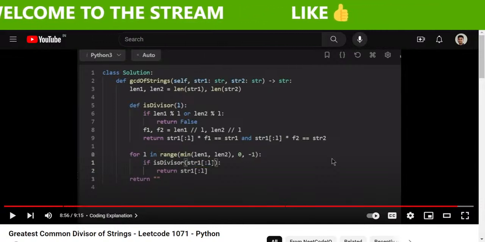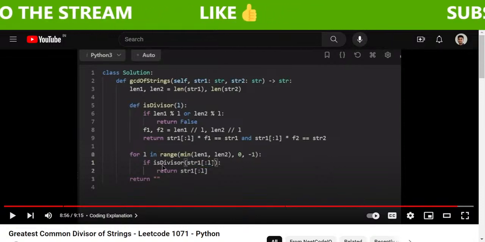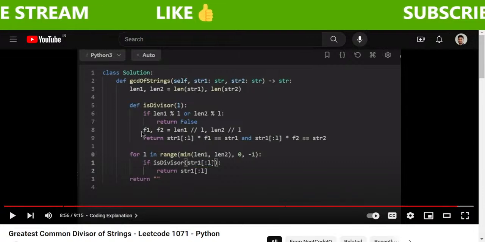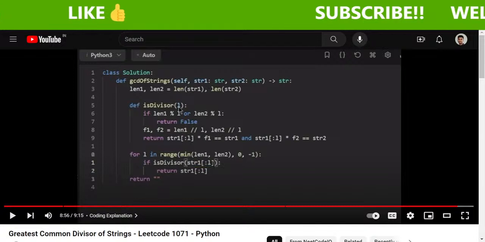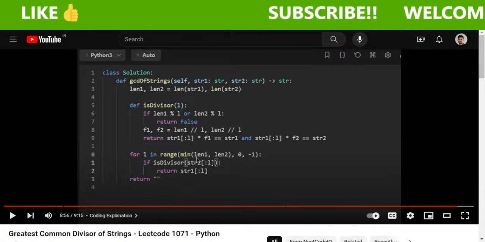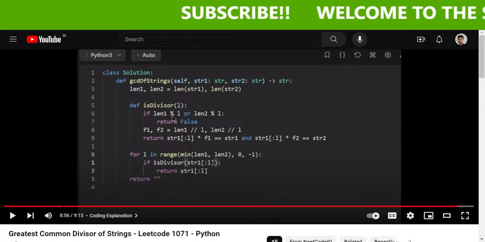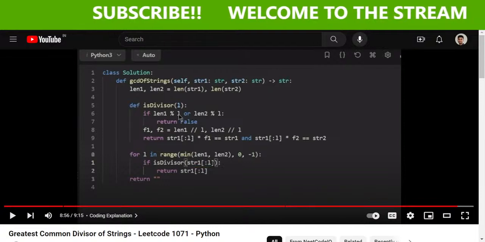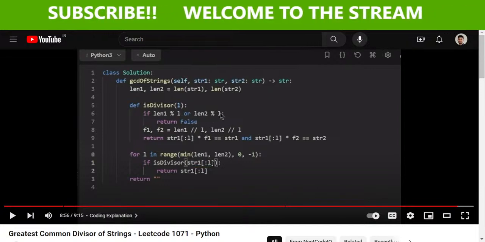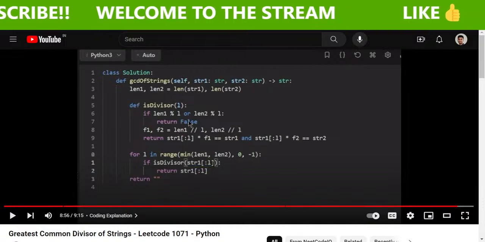So it took the entire string, and it is sent over here as the minimum string.